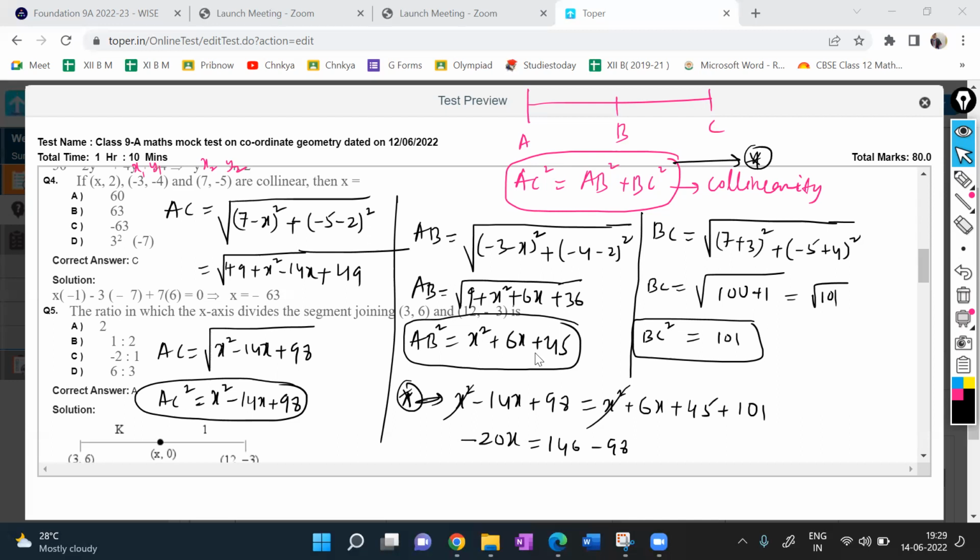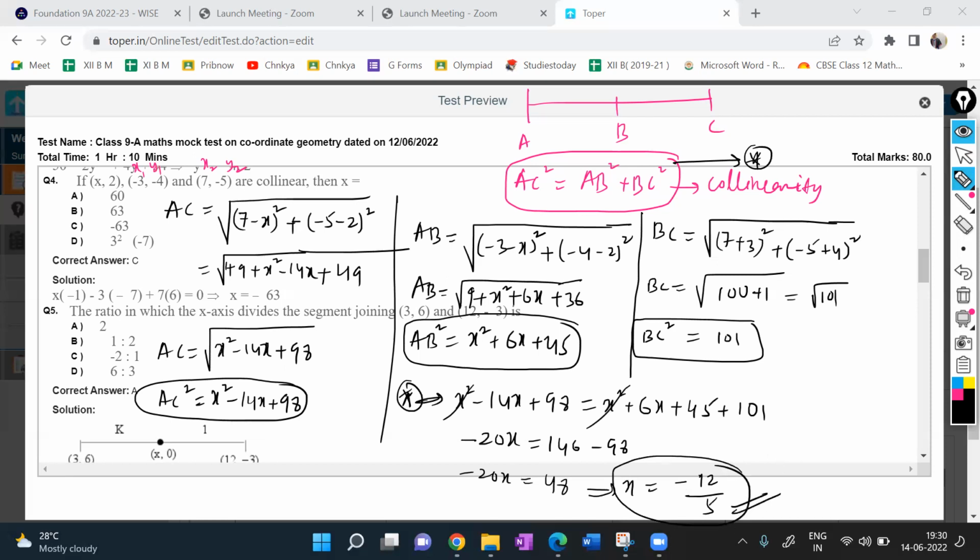See, if everyone is getting the same thing, what is the x value then? Look at this, x is minus 20x. Let's write here minus 20x. How much here? 48, right? Yes, sir. So x value is going to be minus 12 by 5. 4 12s and 4 5s.